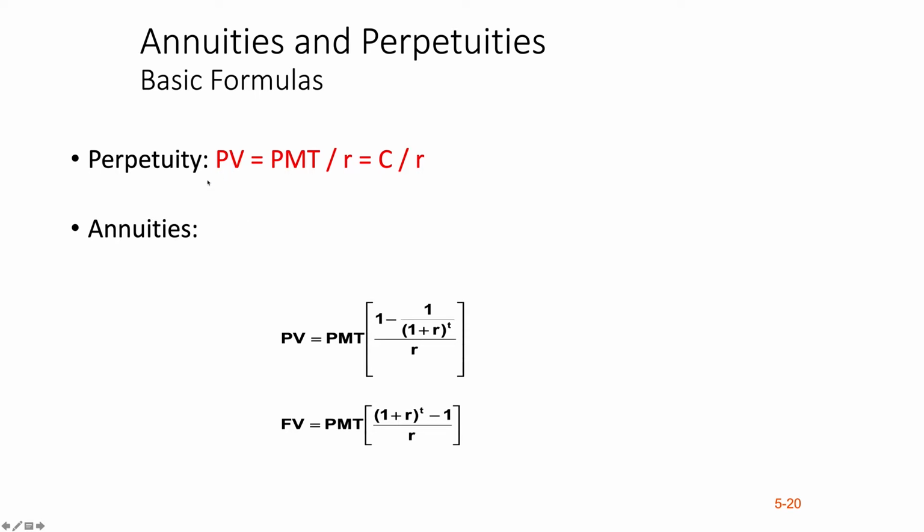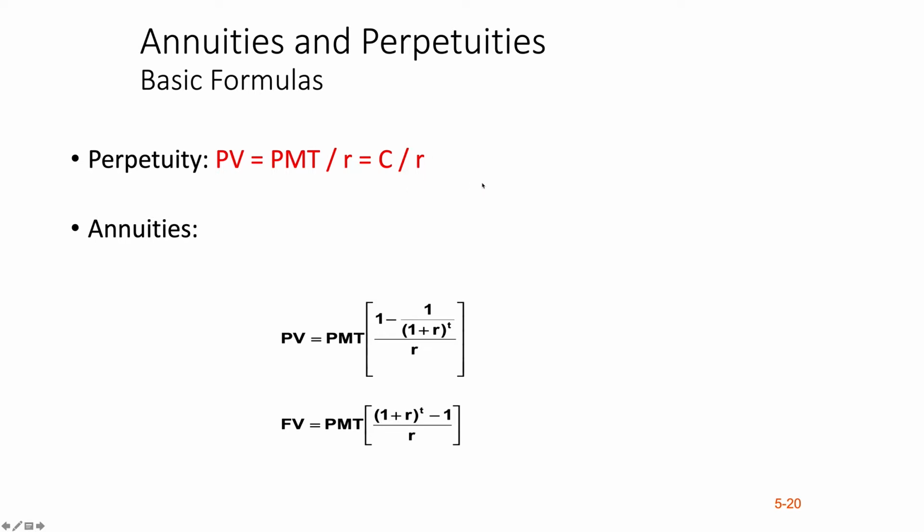The value of a perpetuity is equal to the payment, the same payment, divided by the interest rate. Our textbook uses PMT divided by R; some textbooks use C, the constant cash flow, divided by R.